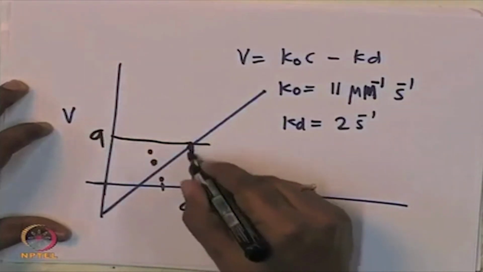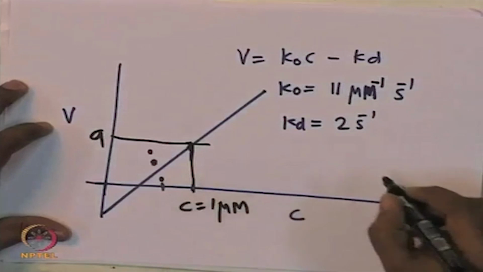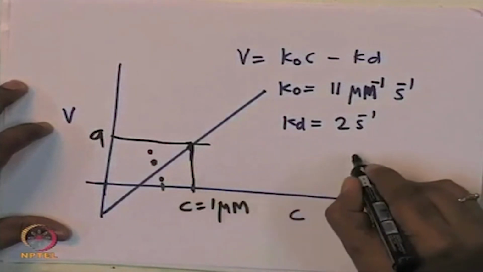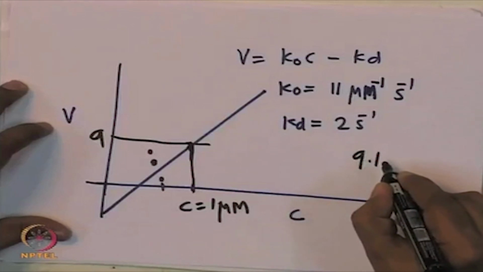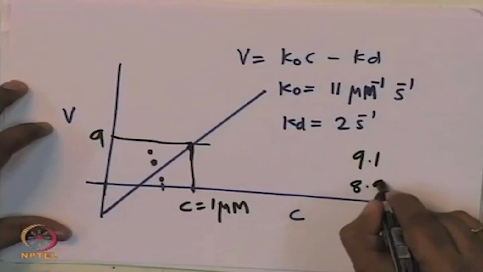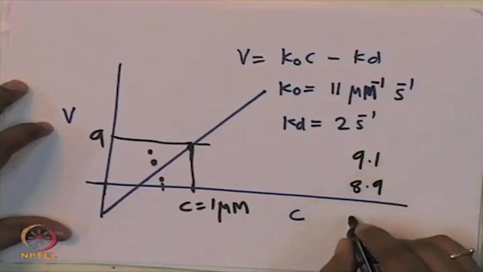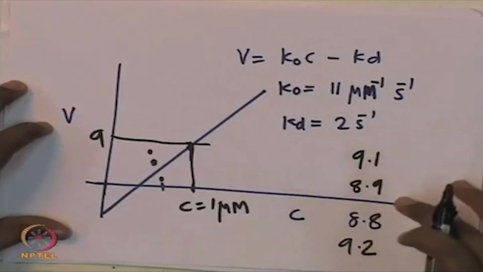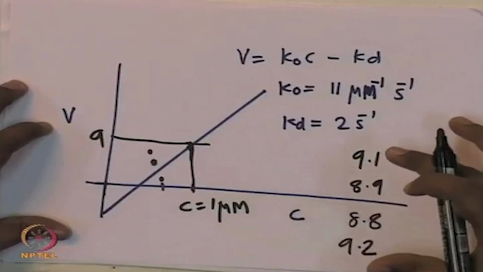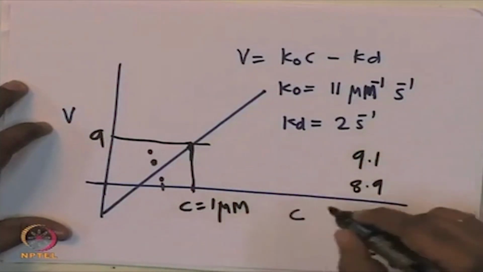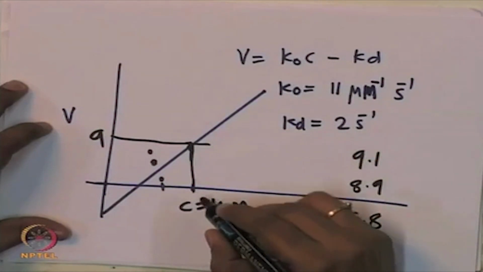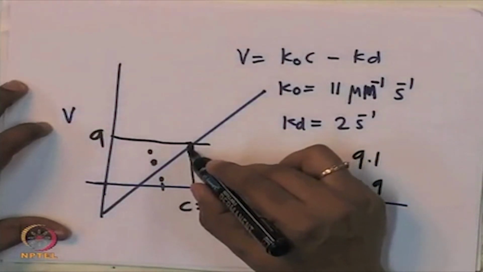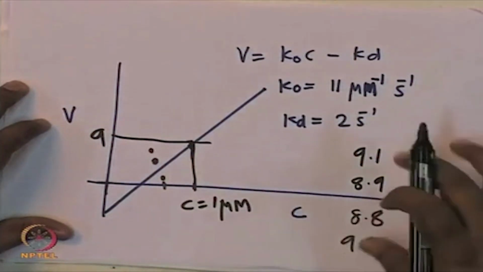When C is 1, theoretically the value is 9, but if you do an experiment I might get the velocity 9.1 monomer per second, somebody else might get 8.9 monomer per second, somebody else might get 8.8 monomer per second, somebody else might get 9.2 monomer per second. If you do 100 experiments or 1000 experiments, fixing the concentration at 1 micromolar and looking at the growth speed of actin, you might get different values.